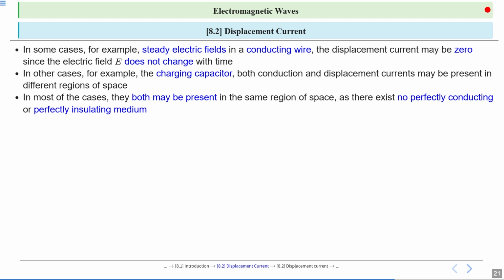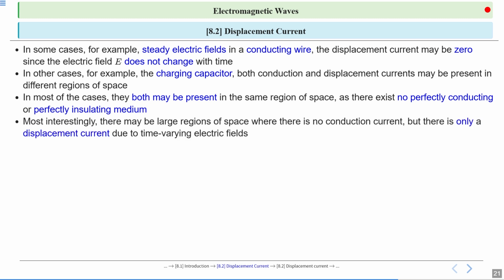A very small amount of current may be flowing through that dielectric also, due to which a very small amount of conduction current will be there, but a large proportion of displacement current will be there. So we can say that no medium is perfectly conducting or perfectly insulating. That's why both conduction and displacement current can exist in the same region of space.